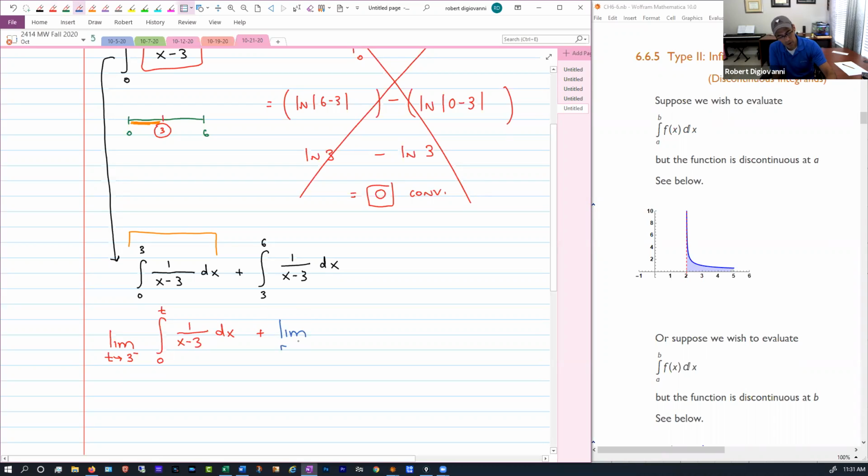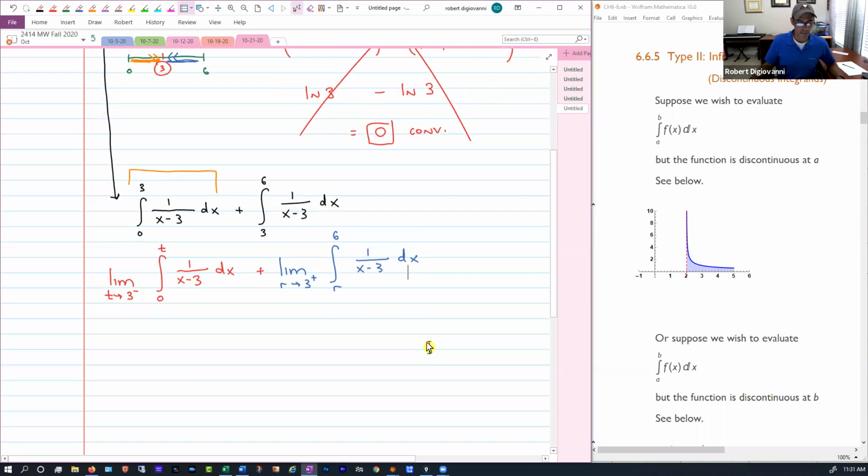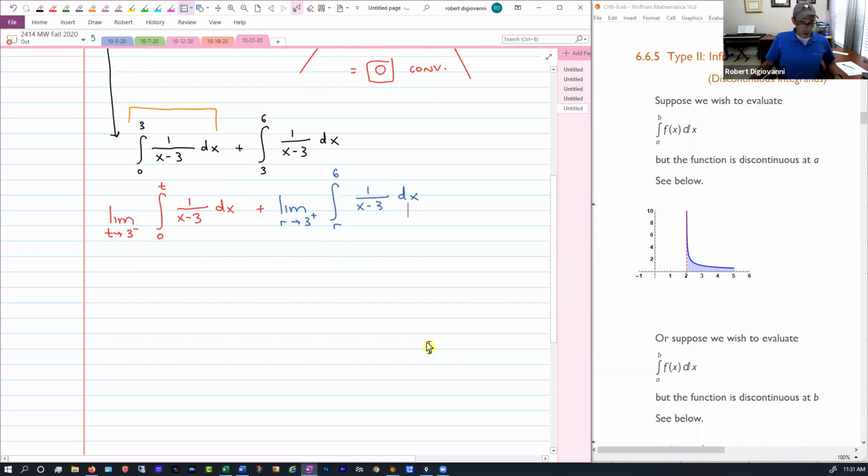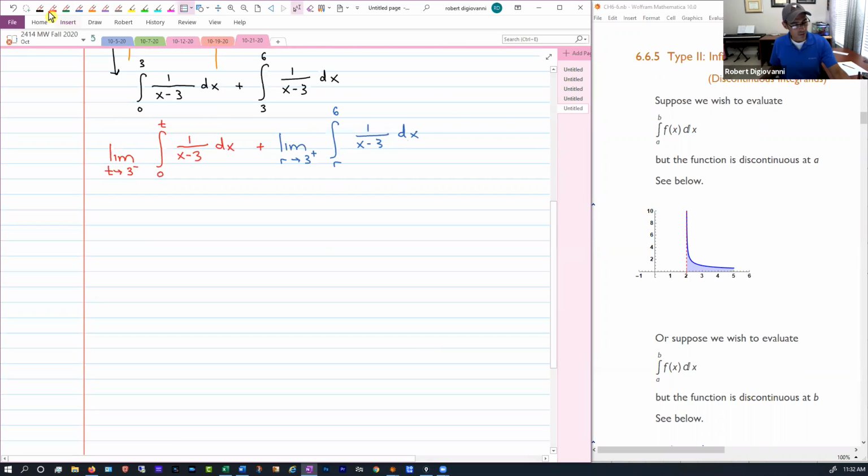I'm going to use r approaches 3 this time from the right side, because we're in the interval 3 to 6, so we're coming in from the right as opposed to the first one where we came in from the left. We're going to replace the 3 with r, that's the bottom limit of integration, and leave the 6 alone. Any questions? All right. We need the antiderivative of each of these.